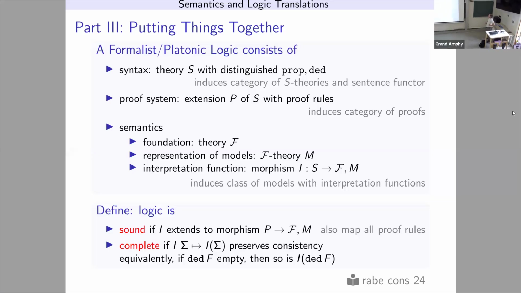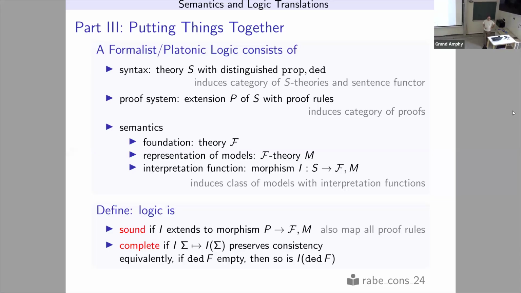Or we can say that the empty types must go to empty types. Preserve emptiness of types. So if that F was empty in the syntax, it has to remain empty after the translation. Then we can call it semantics complete.